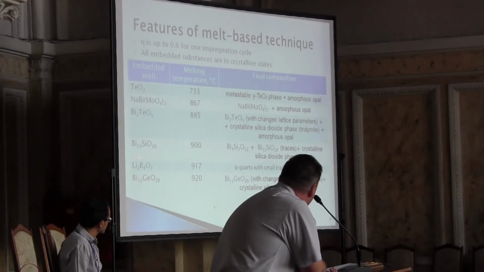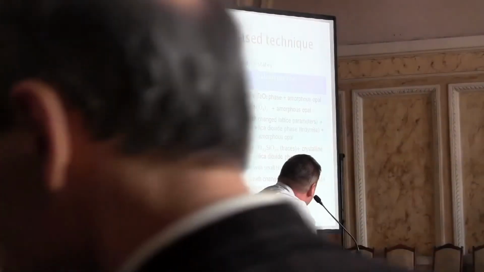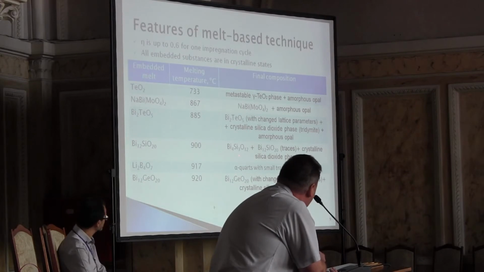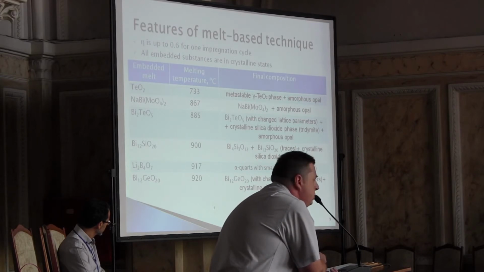In the case of bismuth silicate, we have formation of two components, and at higher temperature we have a transformation connected with formation of alpha quartz with maybe small traces of lithium tetraborate, but we are not sure of the existence of lithium tetraborate.